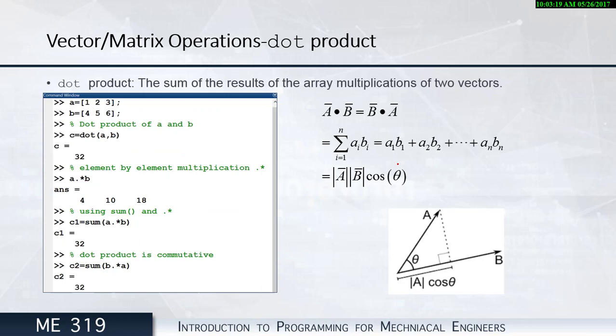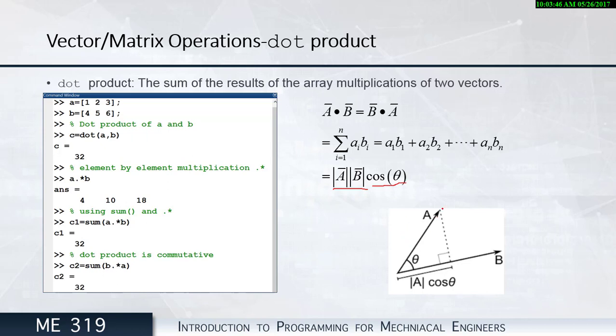Next, we will learn how to do a dot product of two vectors in MATLAB. Geometrically, the dot product of two vectors produces an orthogonal projection of one vector onto the other, as shown here, with its magnitude of a times b times cosine theta.